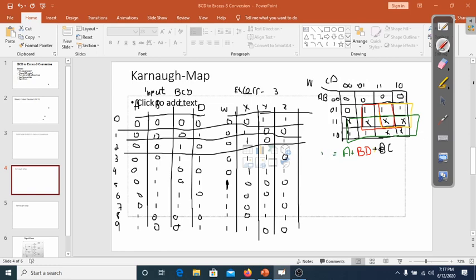This function W in the simplified form is equal to A plus BD plus BC.